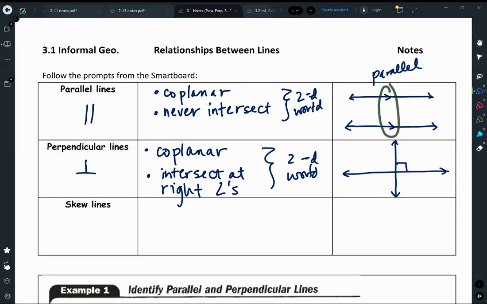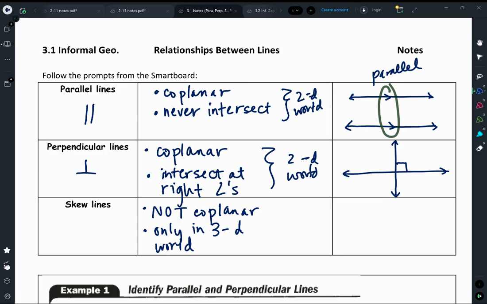All right, so skew lines, these are not going to be in the 2D world anymore. So these are not coplanar. So they're not flat. So this is not 2D. They occur in the 3D world only.